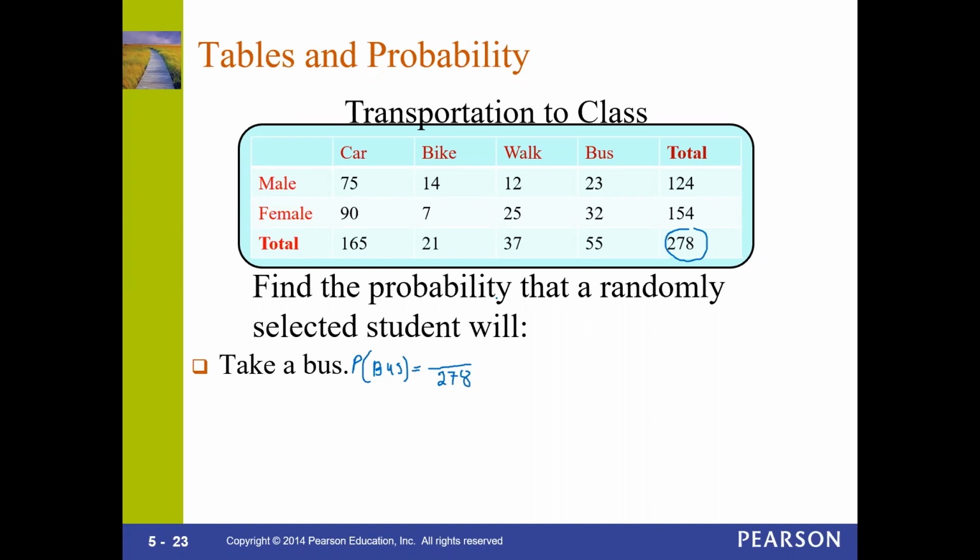You got 23 males taking the bus and 32 females taking the bus. So how many people are taking the bus? 55. So we can say 55 out of 278.